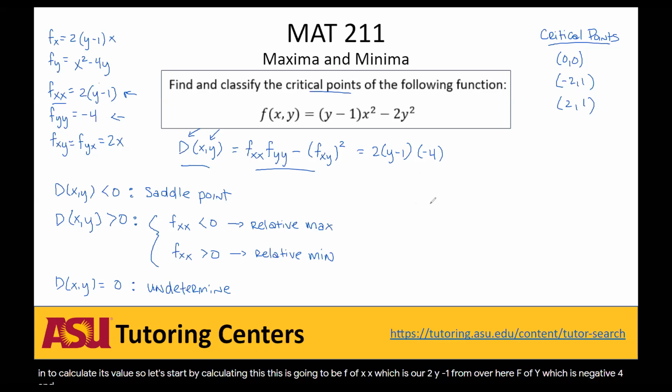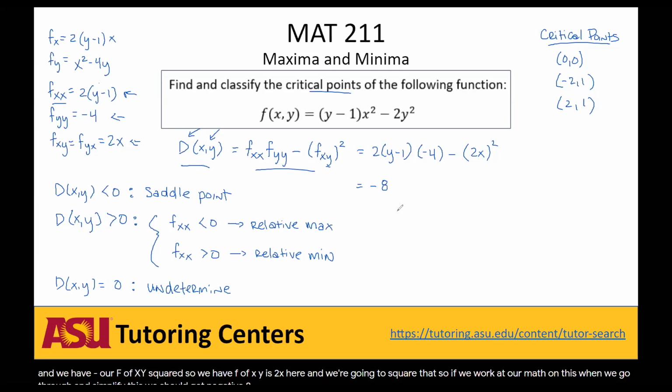And we have minus our f of xy squared. So we have f of xy is 2x here, and we're going to square that. So if we work out our math on this and simplify, we should get negative 8y plus 8 minus 4x squared.